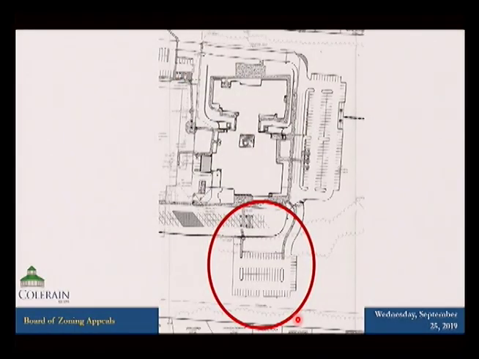What is the proximity between the back edge of that new space and the tree line, which buffers the housing? How many feet? Parking stalls are roughly 9 by 18, so if you look at that line right there, I would say about 36 feet, somewhere in that range, 36, 40.